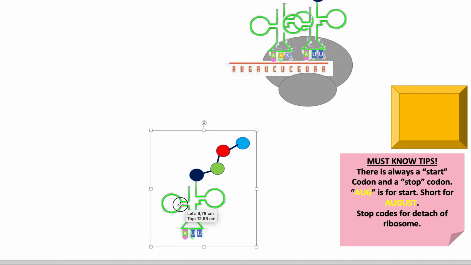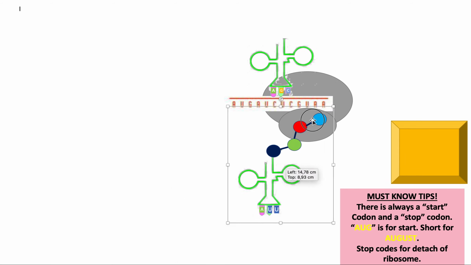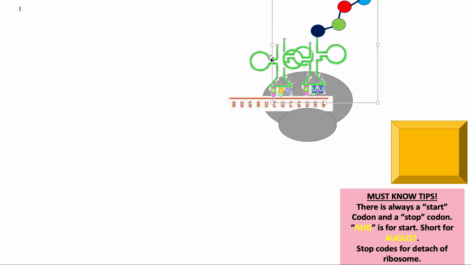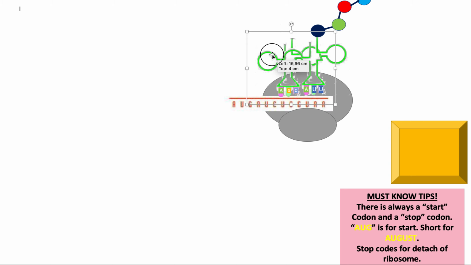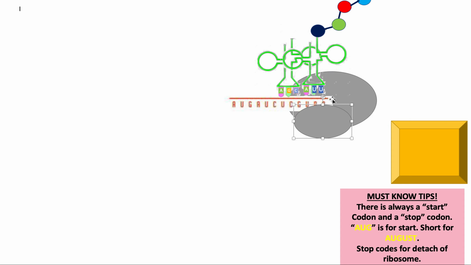And so you will get this. And again, the ribosome will shift one last time to see if there's going to be another part, but there isn't, so this one falls off.